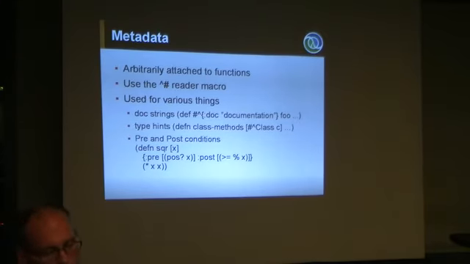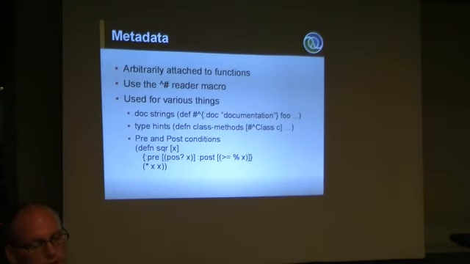As part of my definition of the function, I can use the keyword pre and assign it a vector of functions that it will apply to the input parameters before it executes the function. In this case, I just created a simple one that asks that the x that you enter be positive. If it fails, it will throw an assertion exception and it will not execute the function. And you can also do post conditions as well.